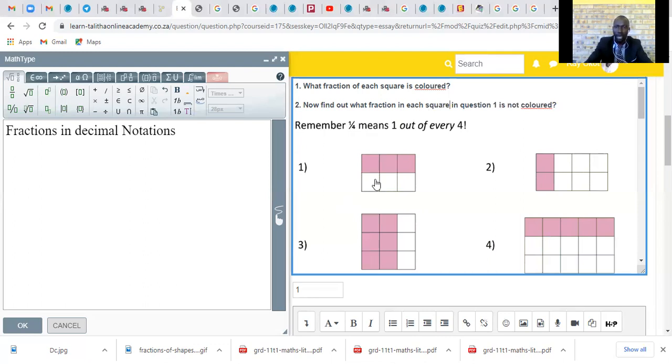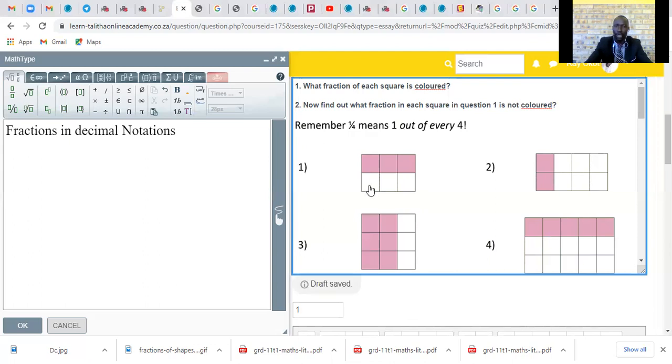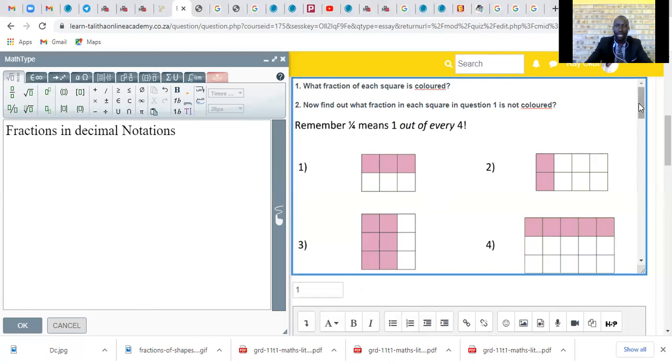This question requires us to use this diagram, or these squares that I've already drawn. We are going to call question 1 as 1.1.